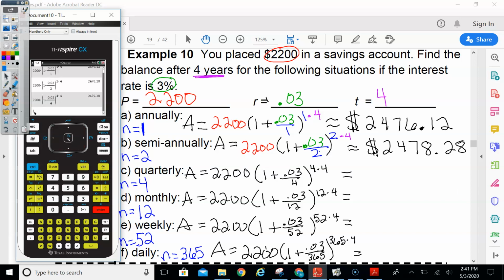And here we get $2,479.38. And then we do 12, 52. So enter.